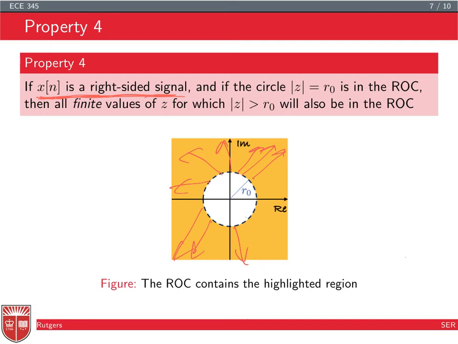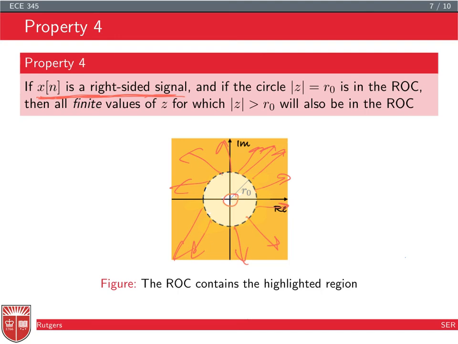This is under the condition that the signal is right-sided. So the ROC could be something like this, starting here. Let's suppose the ROC is all these things here. If the circle with radius r0 is in the ROC, then everything outside this circle must also be in the ROC.